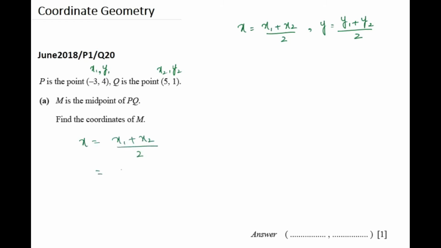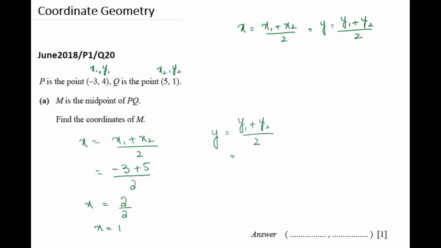Now x1 is equal to -3 and x2 is equal to 5, upon 2. So 5 minus 3 is positive 2 upon 2. So the value of x is 1. Now to find the value of y, we will do y1 plus y2 upon 2.